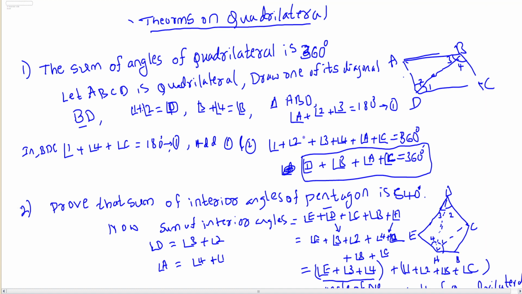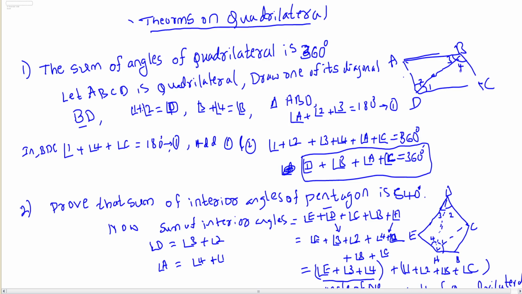The sum of the angles of a quadrilateral is 360 degrees. Take a quadrilateral ABCD and draw one of its diagonals, BD. Divide angle D into 1 and 2, and angle B into 3 and 4.